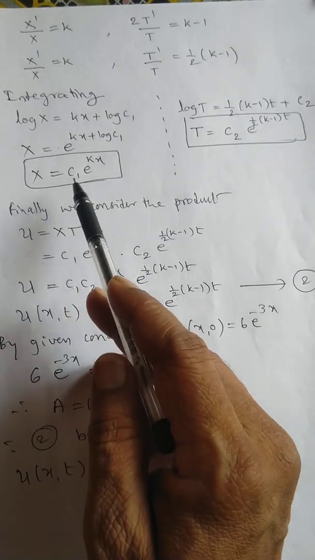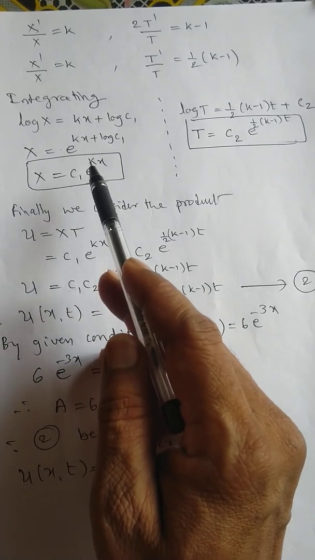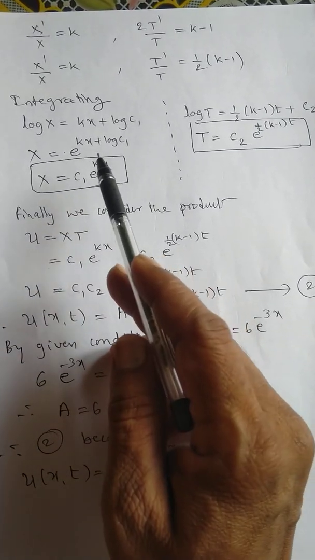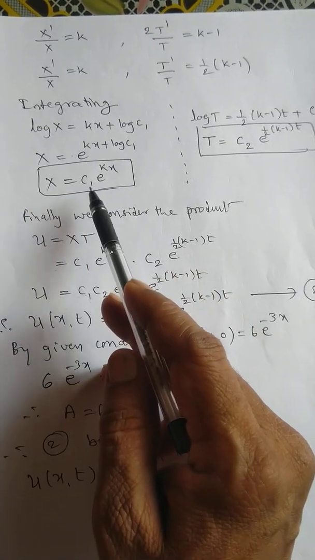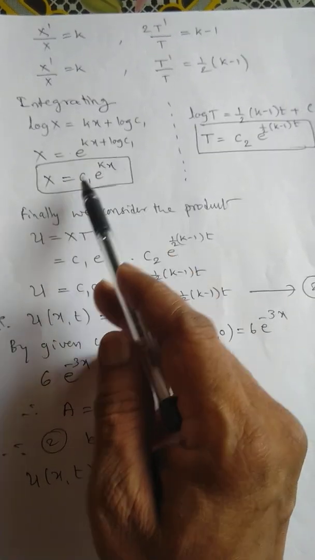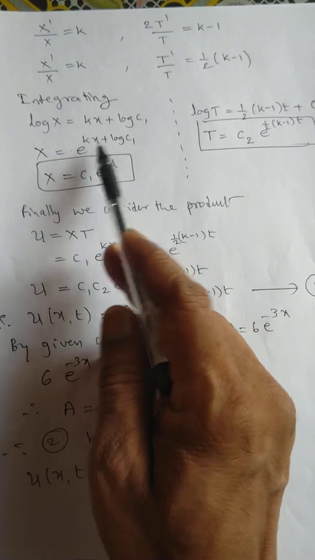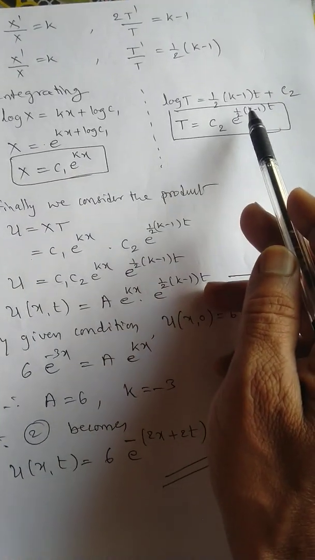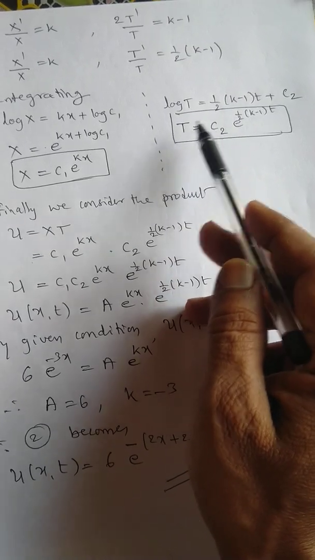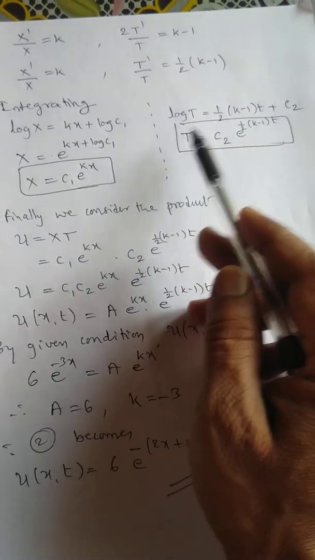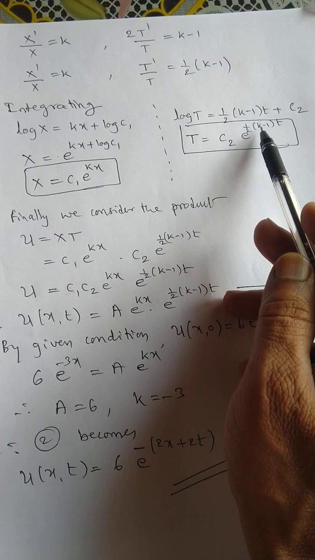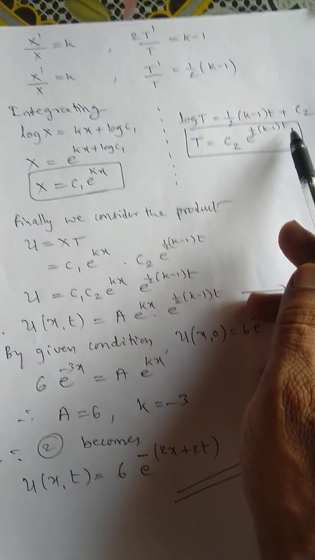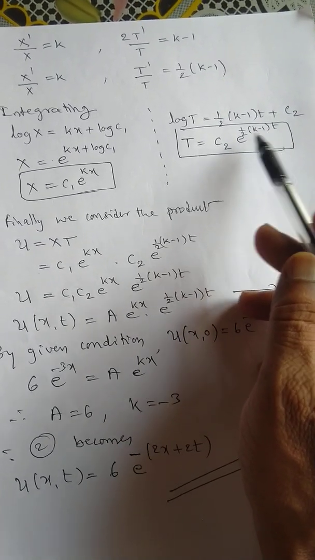So x is equal to c1 e raised to kx, since e raised to log c1 is c1. And from log t, t is equal to c2 e raised to 1 by 2 of k minus 1 into t.